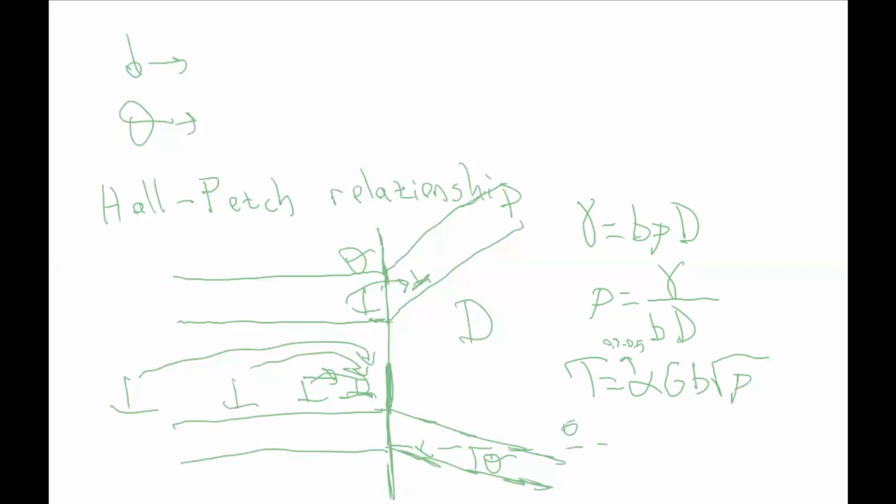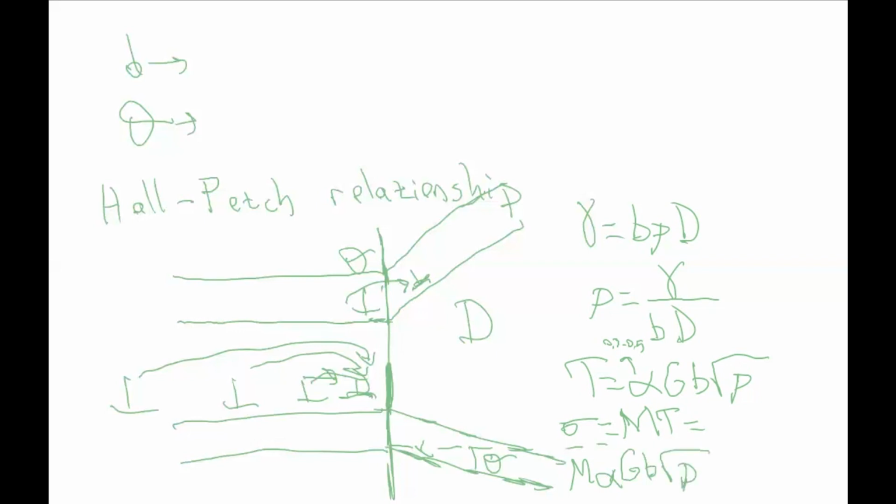And sigma is equal to the Schmid factor times the shear stress, which is equal to the Schmid factor times alpha, G, B, and rho.